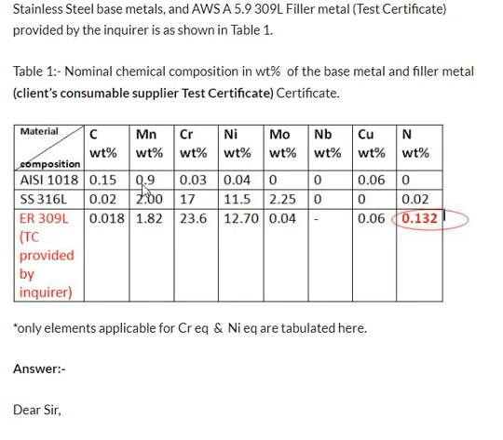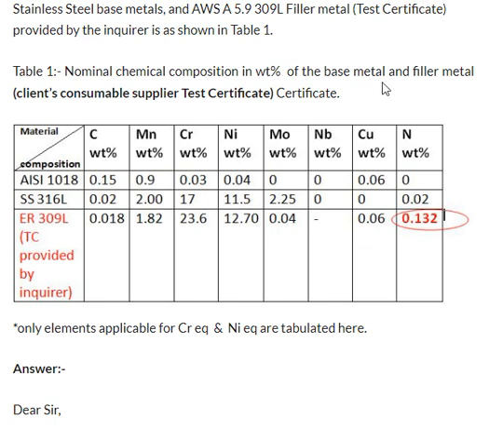Now, when you look at the composition of the ER309L test certificate provided by the inquirer, you would see a level of nitrogen in weight percentage around 0.132, and the carbon, manganese, chromium, nickel, molybdenum, niobium, copper. Chromium and nickel are only tabulated here, the rest are ignored.